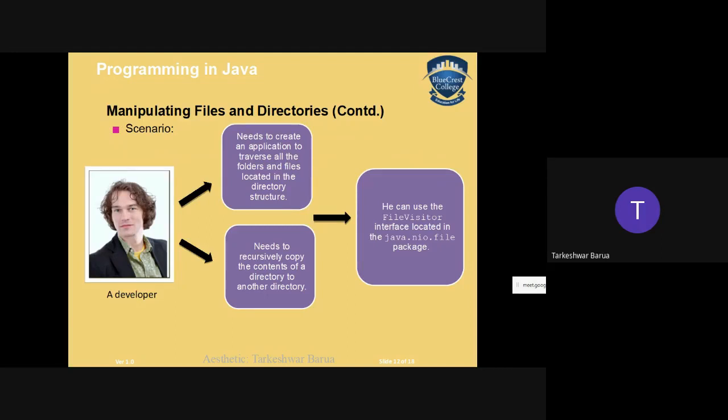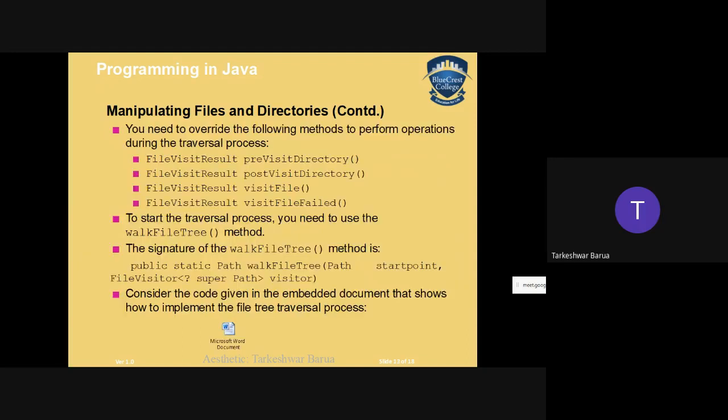While you are creating a file, you need to create an application to traverse all the files and folders from one directory to another directory. How to do that? You can create one directory, create some files in that directory, move them to another directory, and delete them from the previous one.